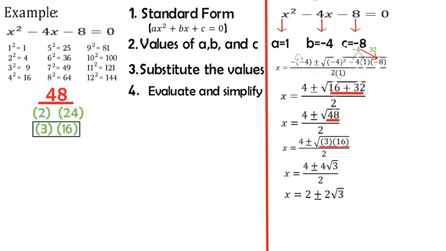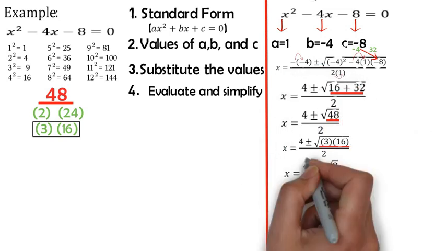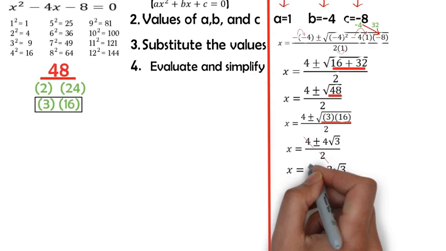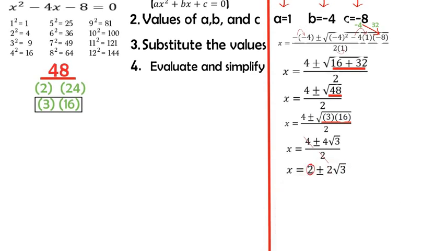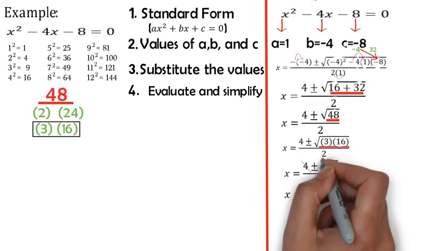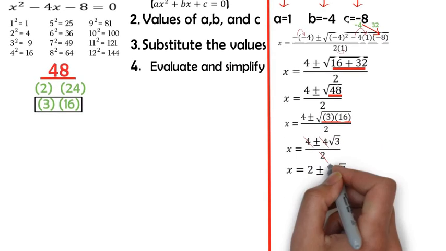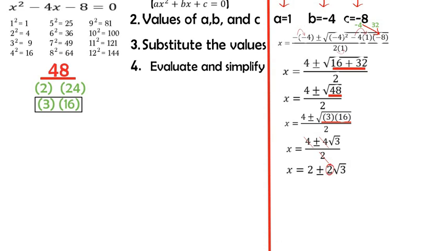Then simplify. We have 4 divided by 2. The answer is 2. Next, we have 4 again divided by 2. We have 2. What is inside the radicand is not included, okay? Do you understand? Okay. Sir, what are x sub 1 and x sub 2?